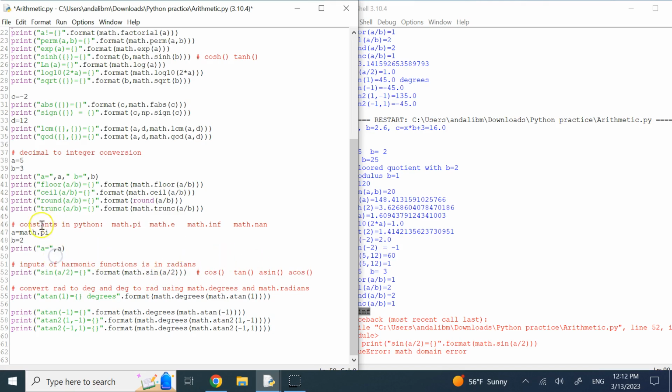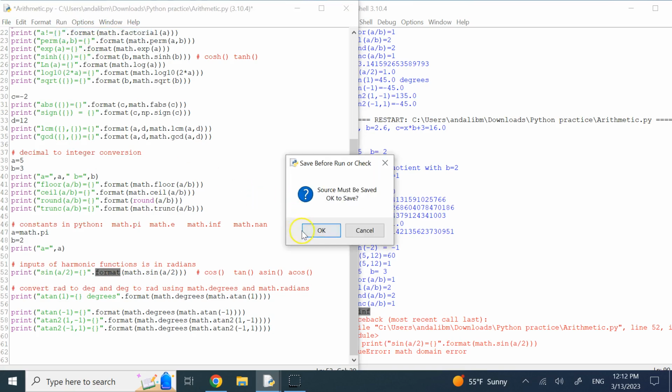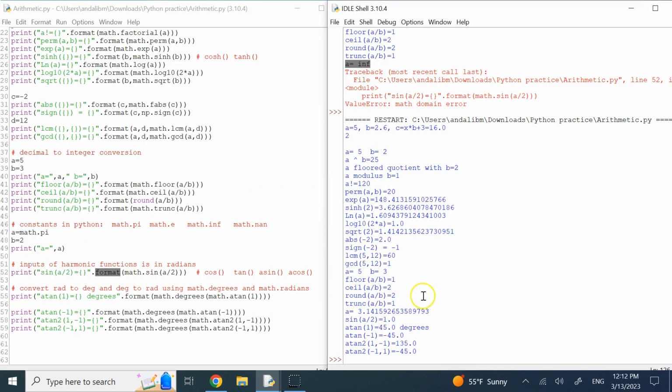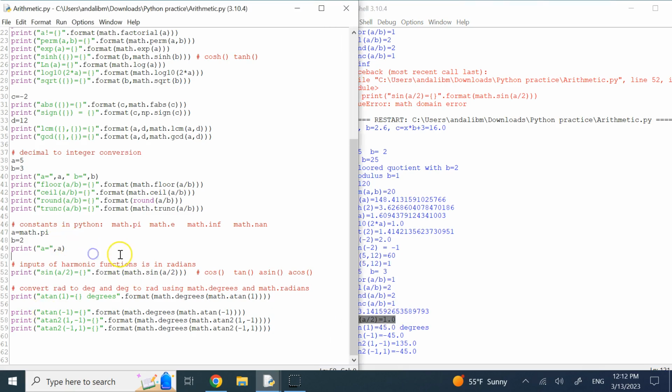So here what I'm doing is I'm dividing pi by 2, which is 90 degrees, and then the sine of 90 degrees is going to be what? This, of course, should be 1. So if I run this and get the sine function, you can see that the sine of 90 degrees is 1, but the important thing is the input to the harmonic functions is in radians.